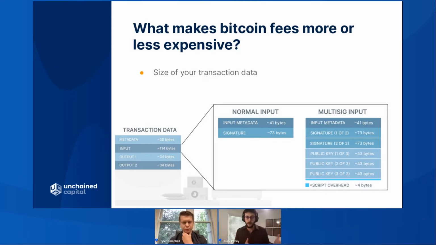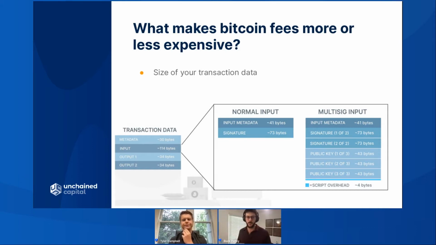A normal input is a pretty basic data structure. It has some metadata, some information about the UTXO that you're spending, and then the signature. When Justine was talking earlier about unlocking your Bitcoin with this key, the signature is the proof that you own that Bitcoin. You add the signature and you're good to go. This data is a little bit bigger when you have multisig.